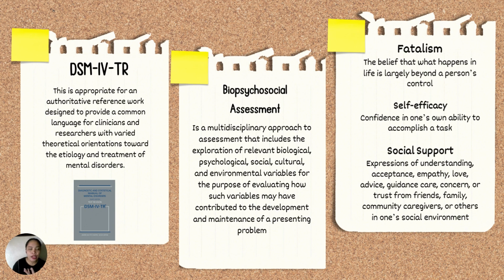Now, among their findings was a high degree of fatalism, that is, the belief that what happens in life is largely beyond a person's control. Now, researchers tried to get the big picture view of this common physical ailment in terms of variables such as self-efficacy, the confidence in one's own ability to accomplish a task, and social support, expressions of understanding, acceptance, empathy, love, advice, guidance, and so forth in one's social environment.